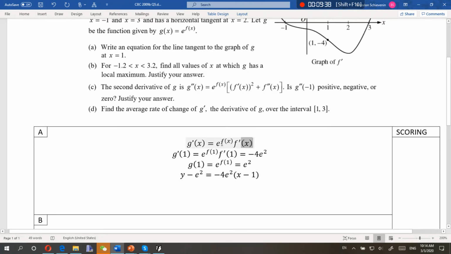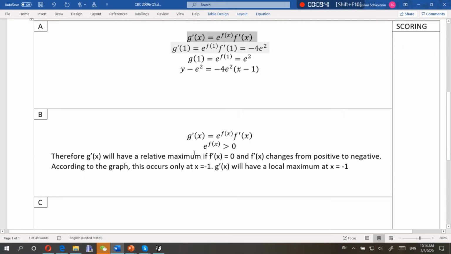Cool. So I'm going to write this out mathematically and have you help me out.